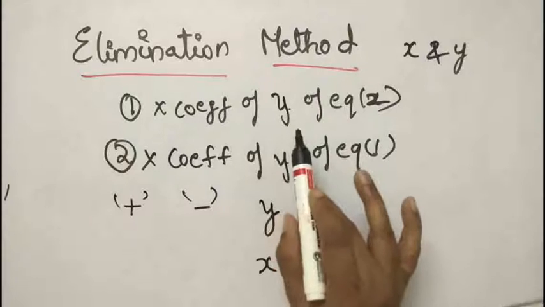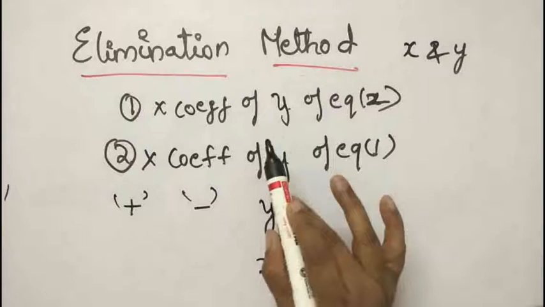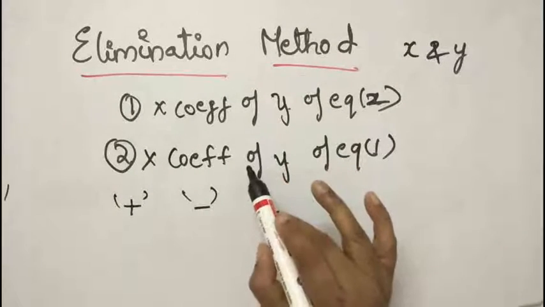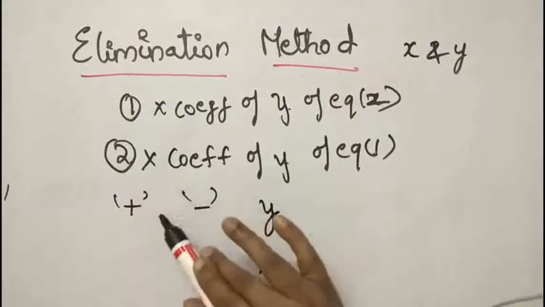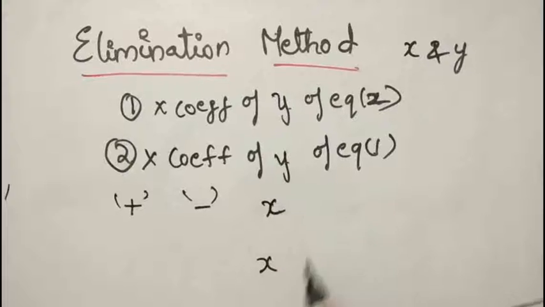You will get the terms having the variable y, and the coefficients will be the same. Is it not? After doing addition or subtraction, you will get the value of x. Okay?